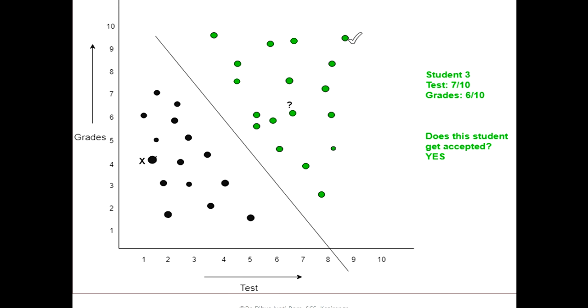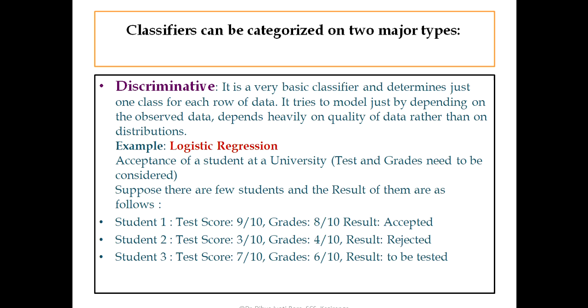So when you see this green dot, these are the values where test score is C. If you look at the grades, you will see that when grade is greater than or equal to 8, then we are getting the accepted result.